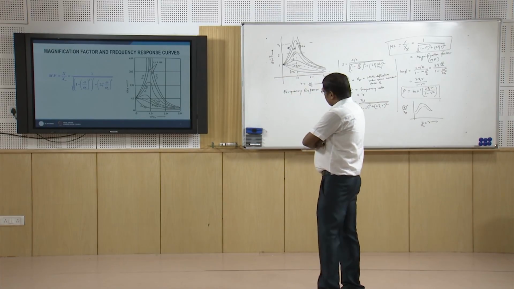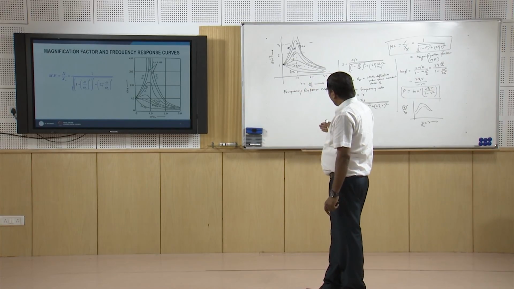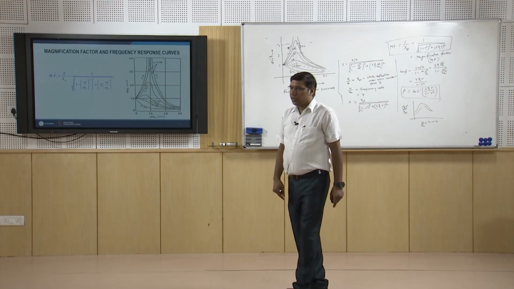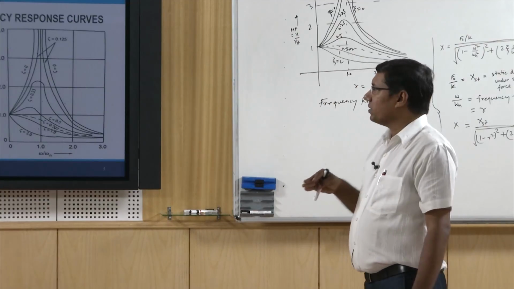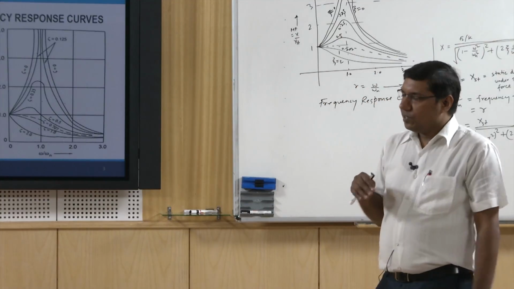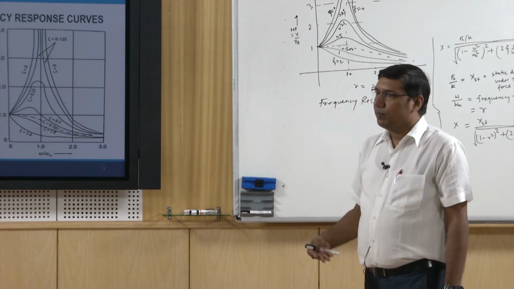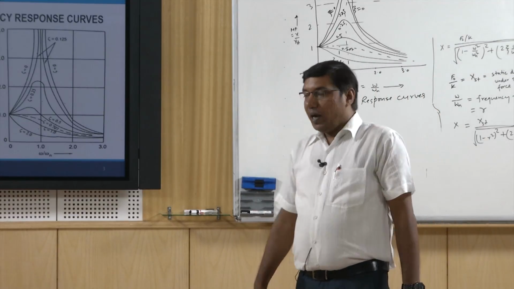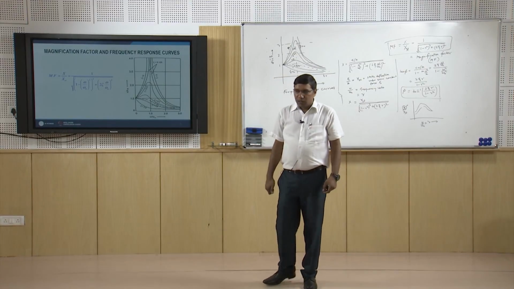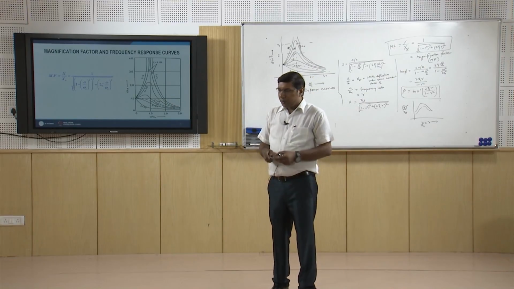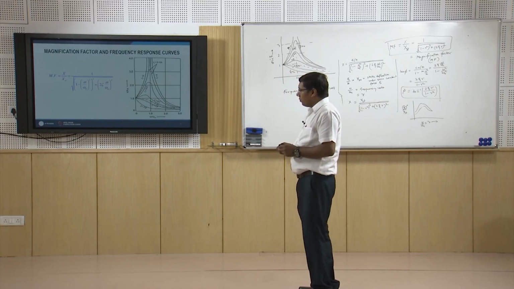please note this curve. We can see that if we are increasing the damping, the response of the system is decreasing, meaning the steady state amplitude X is decreasing if you increase the value of damping zeta. And that is obvious because damping is the parameter that controls the vibration response.